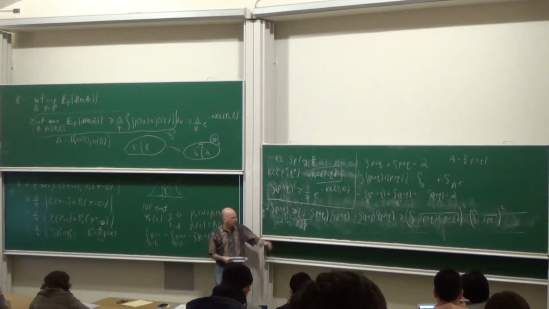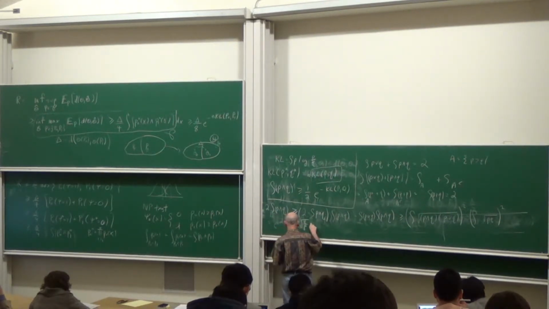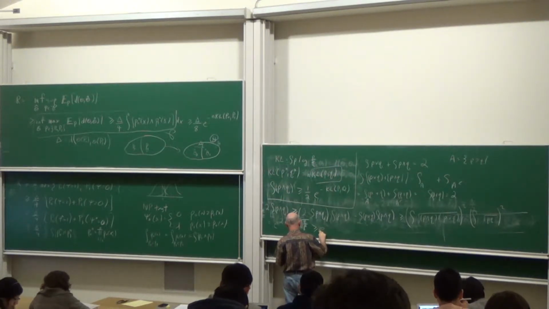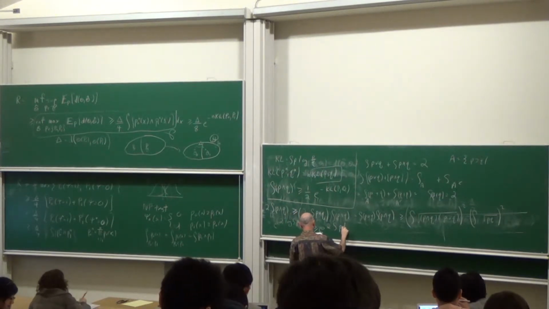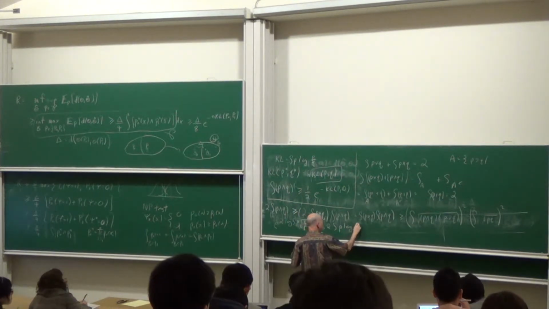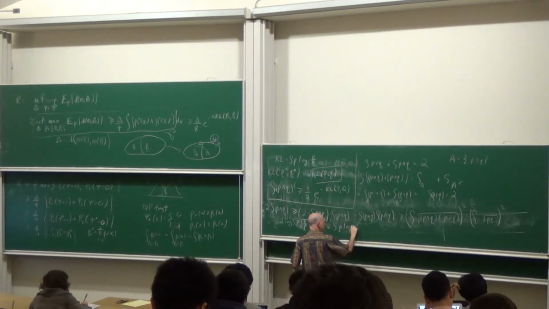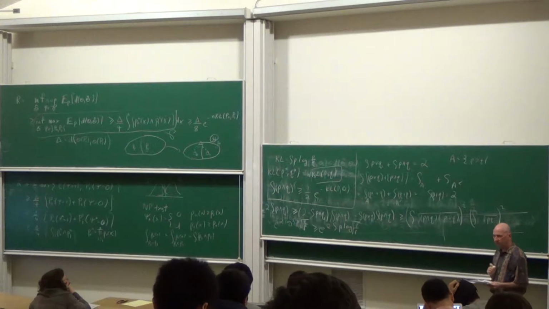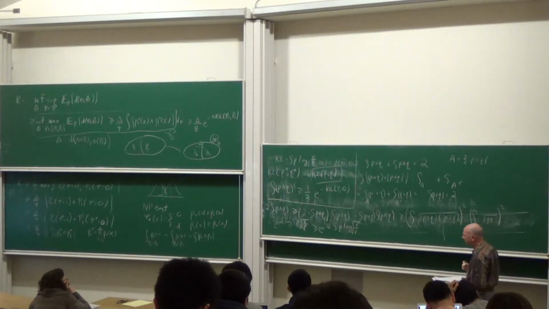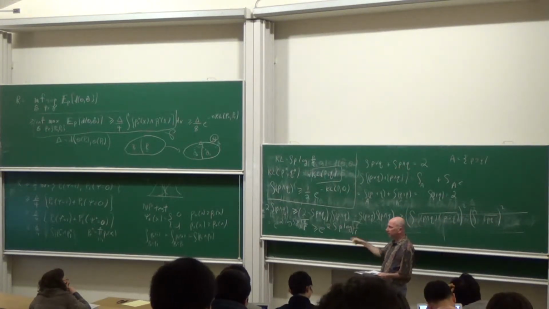Now I want to bring the log on the inside, so I'm going to claim that this is bigger. Oh, there's a typo. There's 2 logs in the next expression. There should only be 1 log. So this should be e to the 2 times p times log q over p. Why was I able to do that? Switch the log through. Expected value, the log is the log of the expected value.